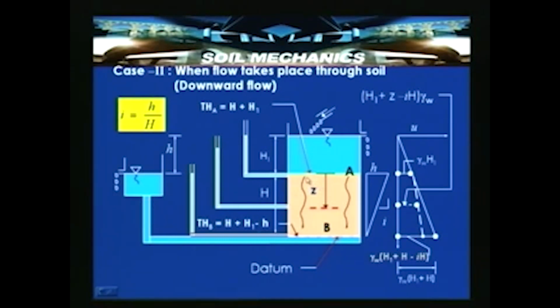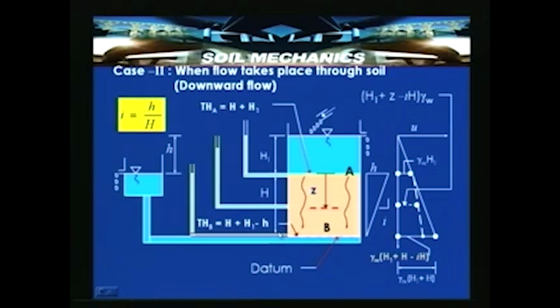Now, let us consider this particular portion as the reference datum. Then the total head at point A is H plus H1, because the pressure head is H1 and the elevation head of A is H meters above the datum.